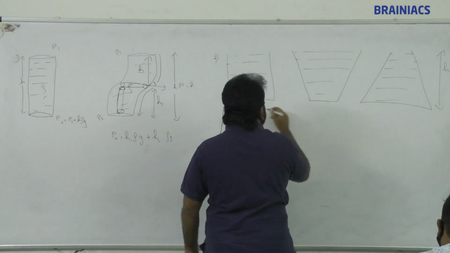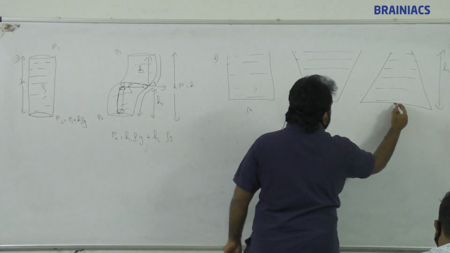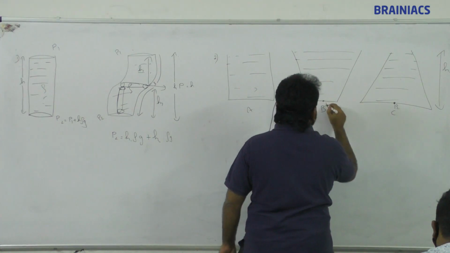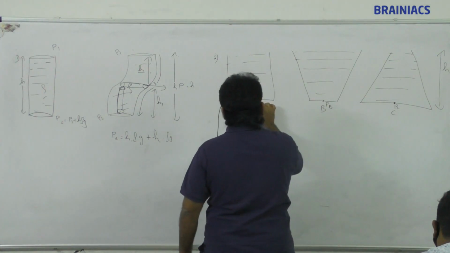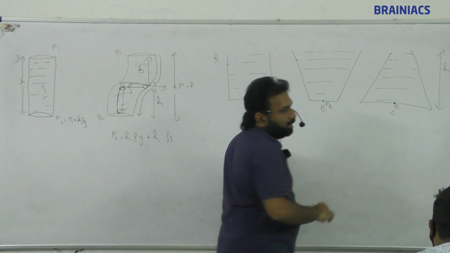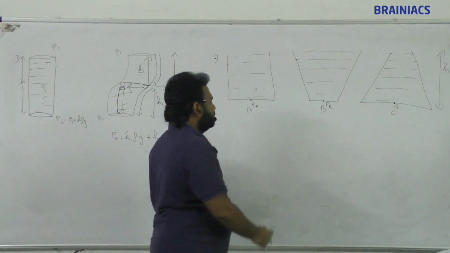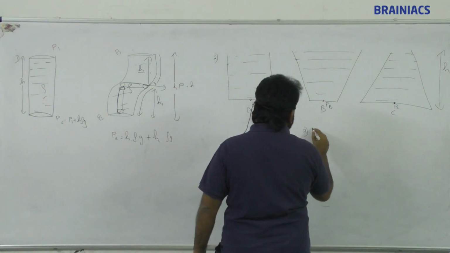Okay, so if this is B and this is C, the pressure, which one will be in what order? Same.